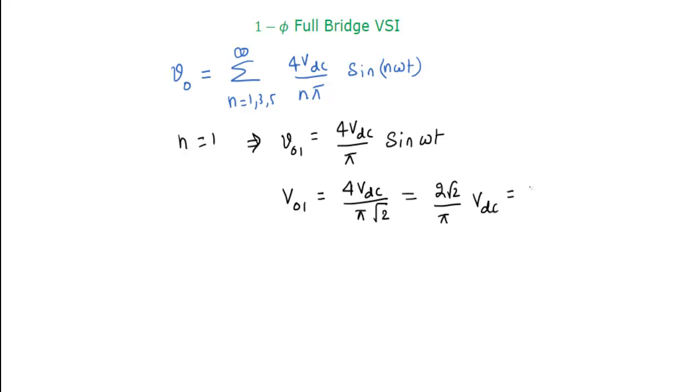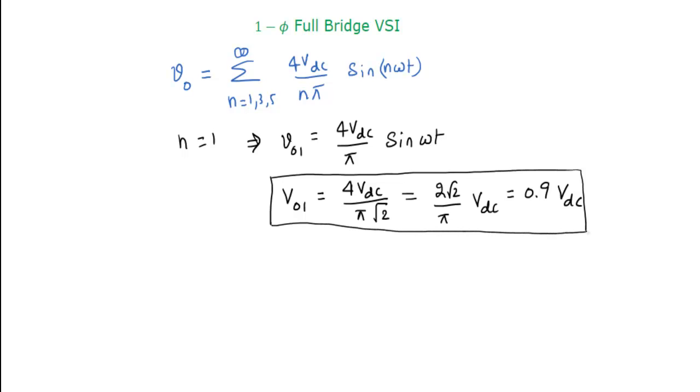That's nothing but 0.9 VDC. Okay, so that is the fundamental voltage RMS value for the full bridge inverter. Remember, for half bridge inverter also it will be the same, but in place of VDC we need to take VDC by 2.